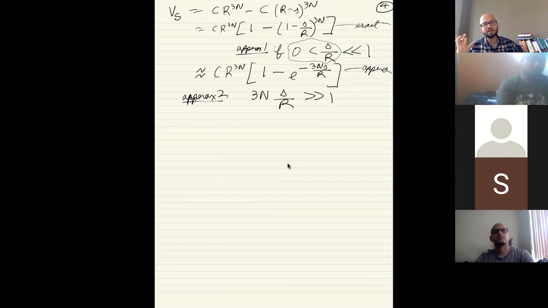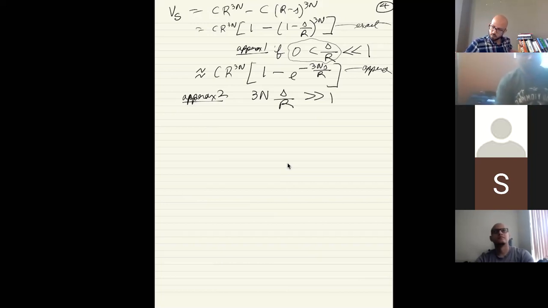Why is it okay to do that? In statistical mechanics, whenever someone asks you a question and you get stuck, with a very high probability, you might be able to escape the question by just saying thermodynamic limit. It won't always work, but it'll work many times. This is thermodynamic limit, right? We are interested in n tends to infinity. For a very, very large n, this is probably going to be true.